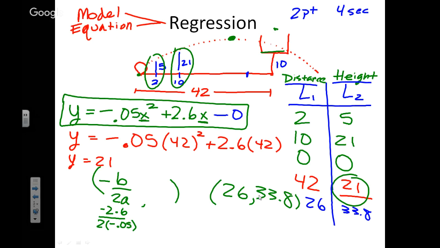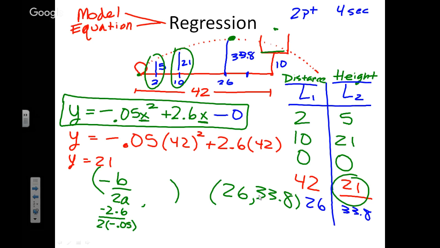It asked, how high was it? And how do I know it's not the 26 number? Because the 26 number has to do with distance, whereas this is the height. So I can add this point here and say that this is 26 and this is 33.8.